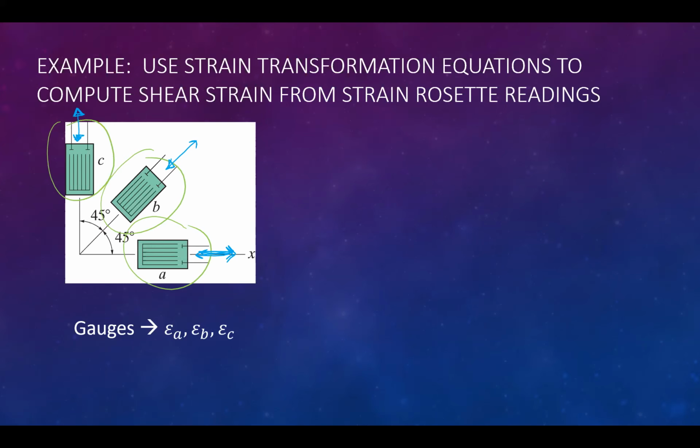Strain gauges are only capable of measuring normal strain, which means that our measurements from the strain gauge are epsilon A, epsilon B, and epsilon C, where epsilon A is the strain in the x direction, and epsilon C is the strain in the y direction. And I didn't write it down here, but epsilon B is the strain in that 45-degree direction.